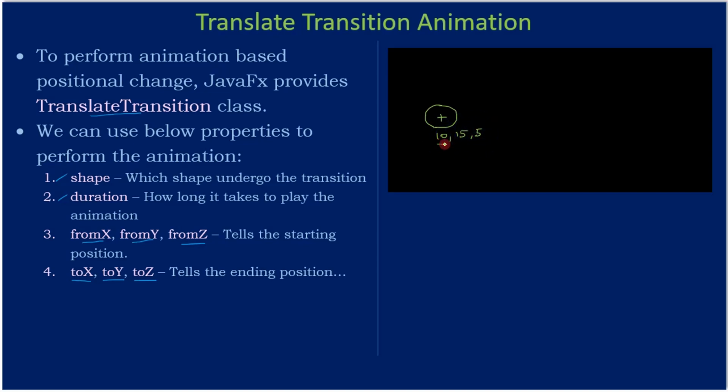So this is the X location and Y location and Z location, which specifies from X. So all these three parameter defines the start location. Then you can specify where you want to animate it. So here, if you see, this is 2X, 2Y, and 2Z.